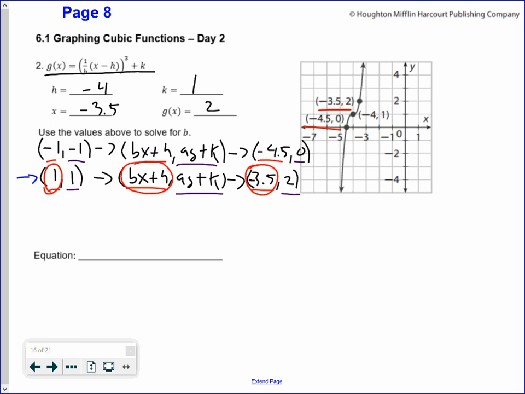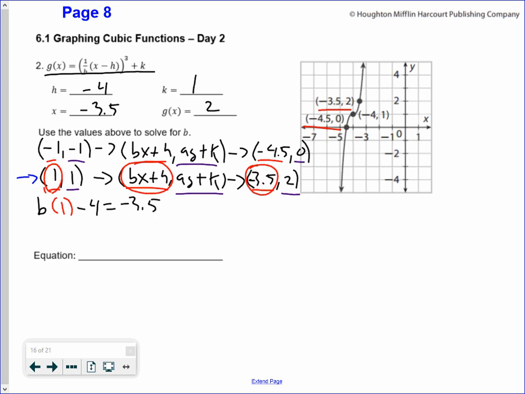So I take this 1, my x equals 1, and plug it in. I have some b value that I don't know. So I have b times the x value of 1 plus my h value of negative 4, so minus 4, should equal that negative 3.5.